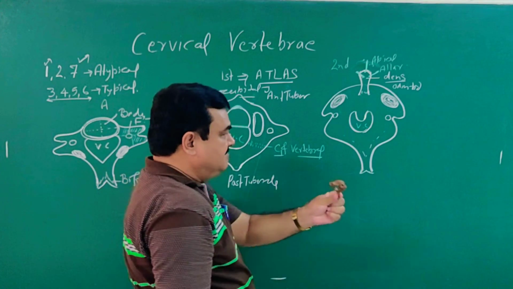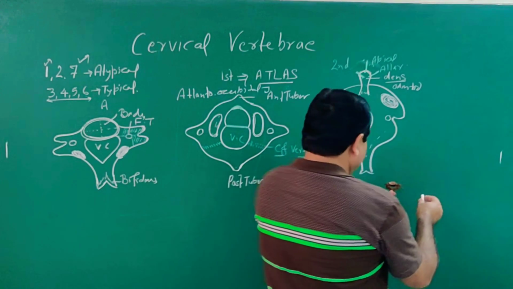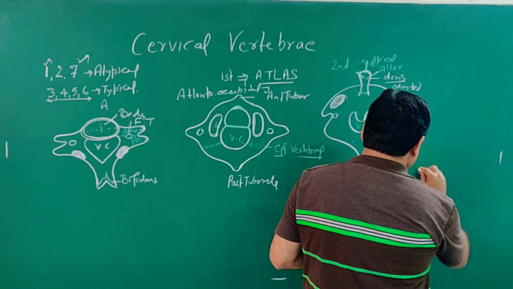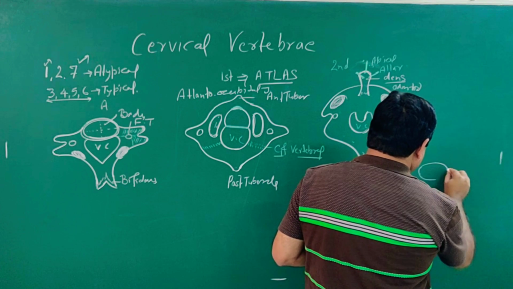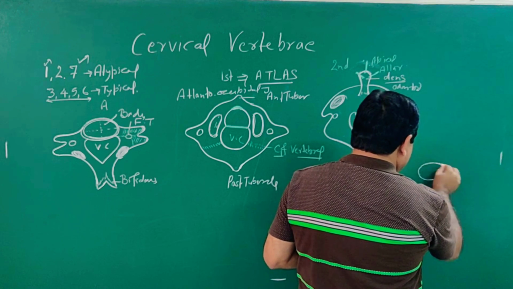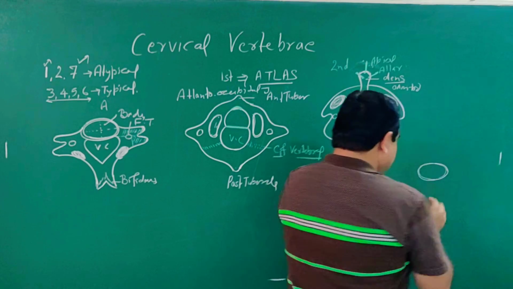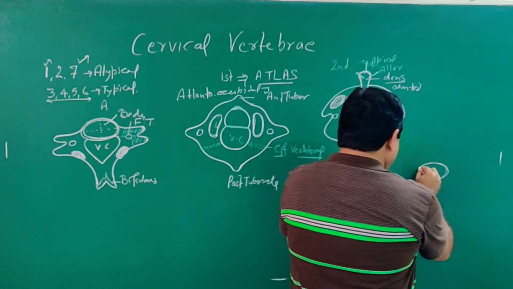If you make a diagram of this vertebra, you will find this is the body, with the superior articular surface of the body here.